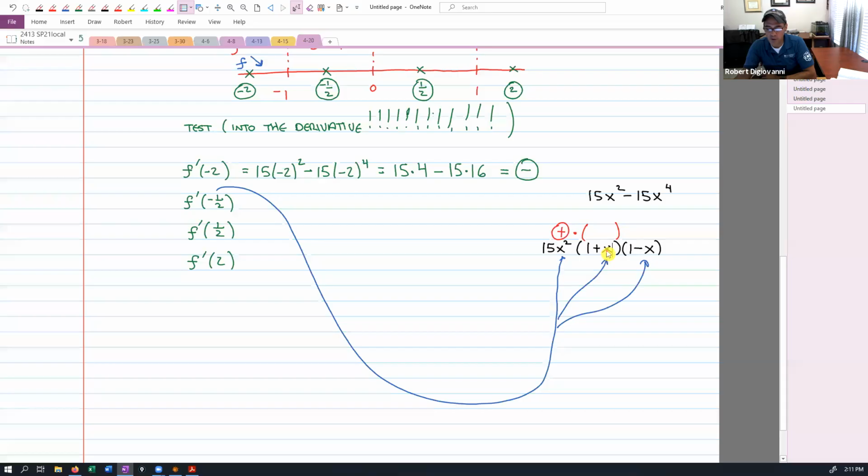Now, if I put -1/2 here, what's 1 plus -1/2? Positive, right? So that's positive. Okay, now what's 1 minus -1/2? Positive again. So if I take a positive, multiply times a positive, multiply times a positive, that answer should be positive. So I know that this is just going to be a positive number.